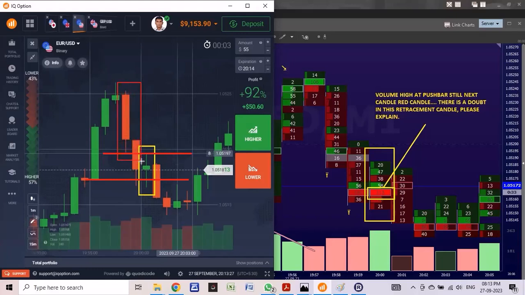Who is powerful here? Sellers are powerful here. And after that, in this area, who is powerful? Buyers are powerful here. Sellers are weaker here. But now sellers are powerful, buyers weaker.